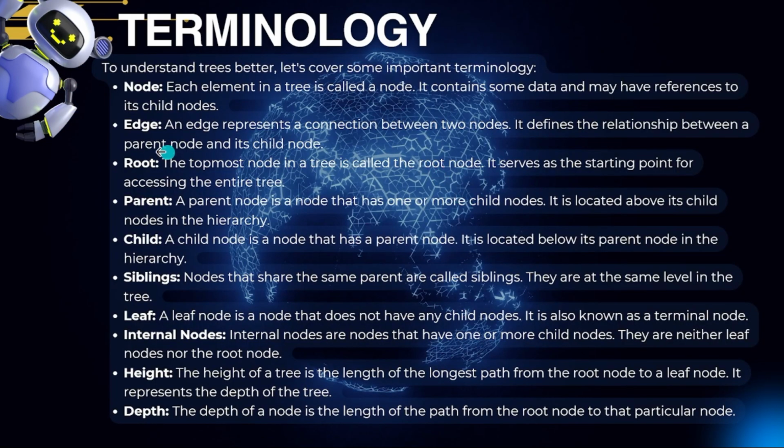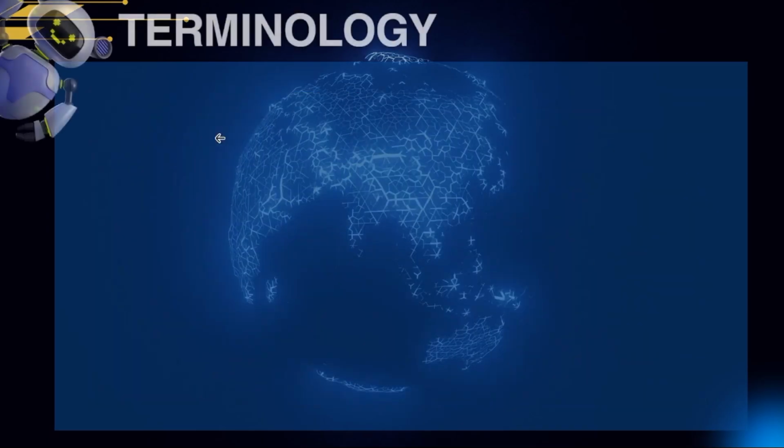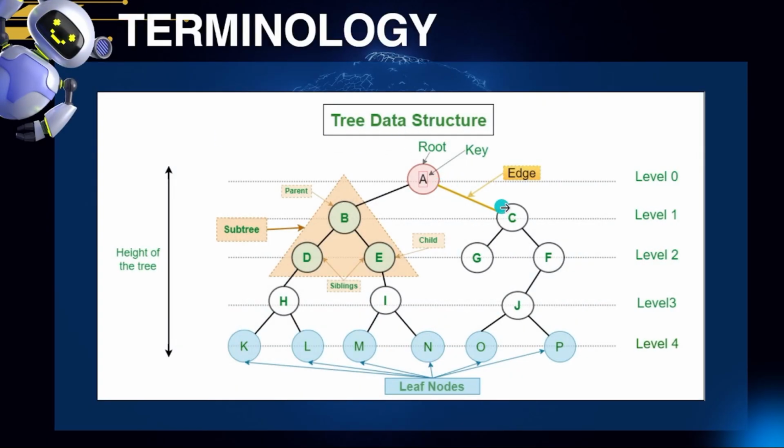Sa atoa kasi kung edge. So edge is a representation, a connection between two nodes. It defines the relation between a parent node and a child node. So ang edge is this, kani nag-connect nila. Kana ni makasabtan if ang node is parent ba or ang node is child ba or ang duha ka node is siblings ba.